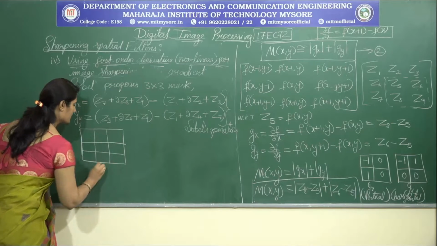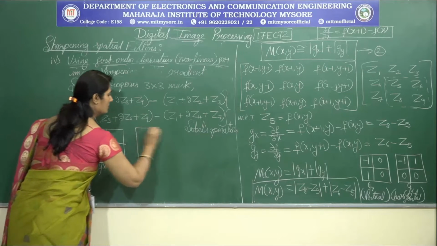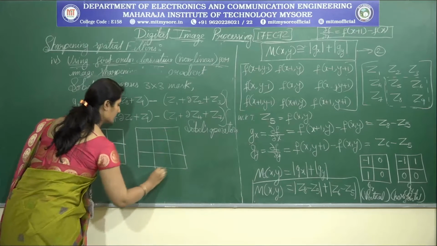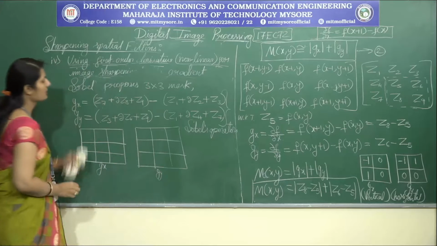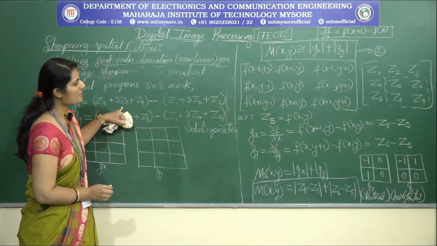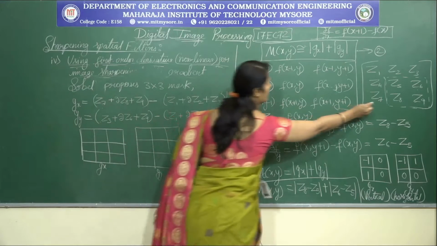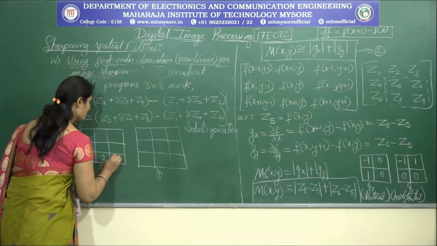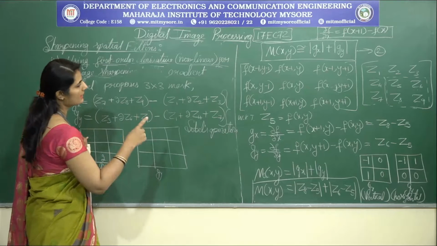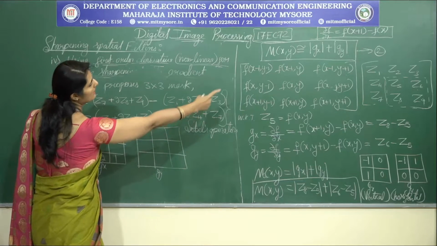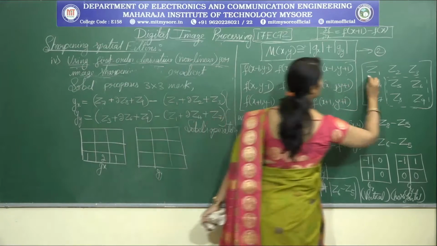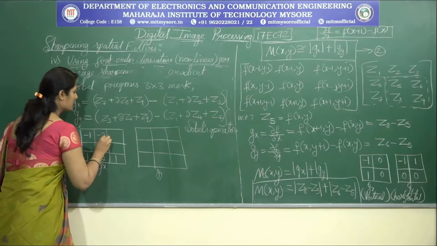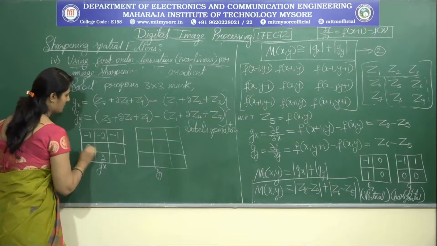So this is Gx. Now look at this: z7 plus 2 times z8 plus z9, so 1, 2, 1, minus z1 plus 2 times z2 plus z3, so this is equal to minus 1, minus 2, minus 1.